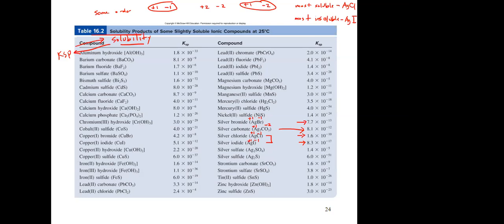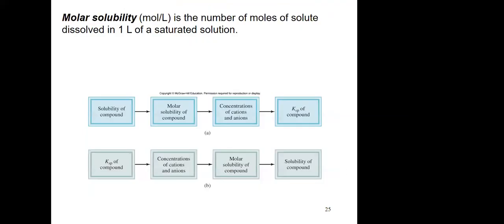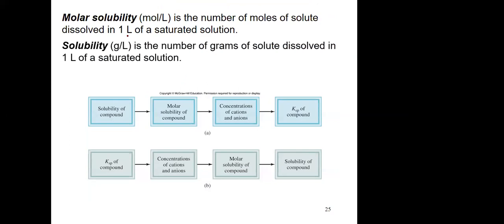So these are the two types of problem that you have here in the KSP. Either you have a molar solubility or just solubility. Look at the difference between the two. Molar solubility is specifically in terms of moles. When it's just solubility, it is in terms of grams.